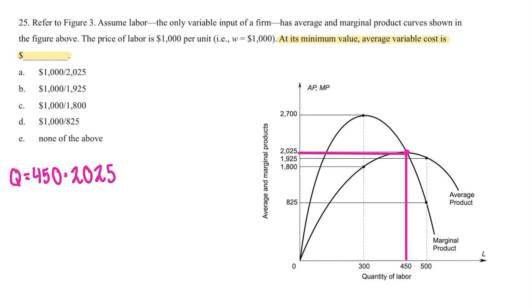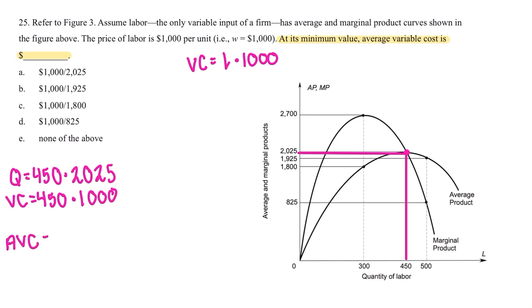We know that our variable cost is going to be found by the number of workers times our cost, which is 1,000. So our variable cost is going to be 450 times 1,000. And our average variable cost is defined as variable cost divided by quantity.